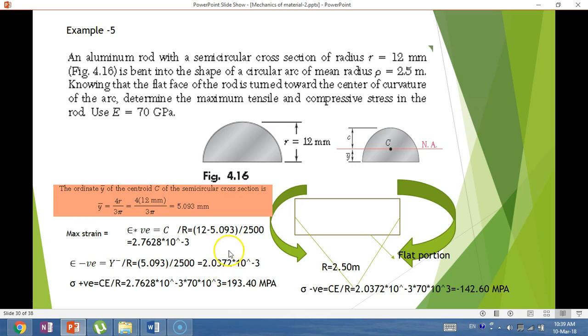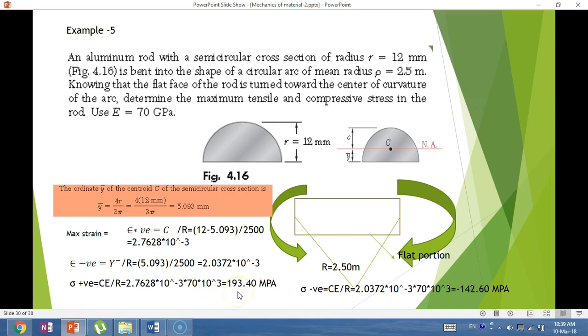For the stress, we multiply by Young's modulus, which is 70, so in order to get the positive value, we multiply this strain by 70 gigapascal.